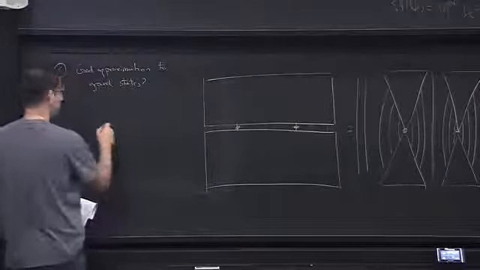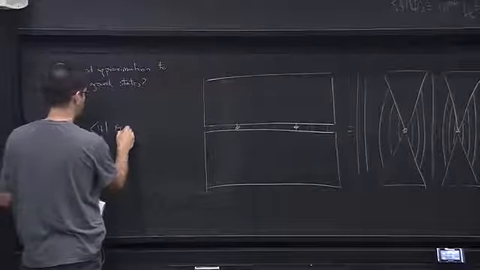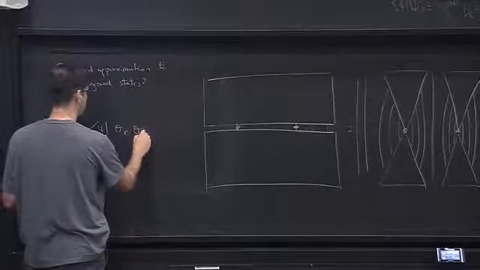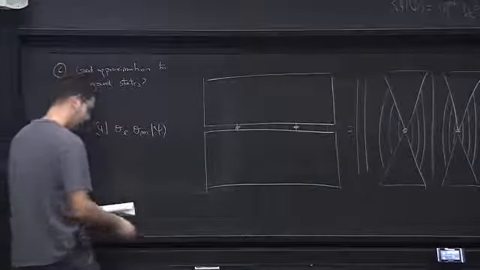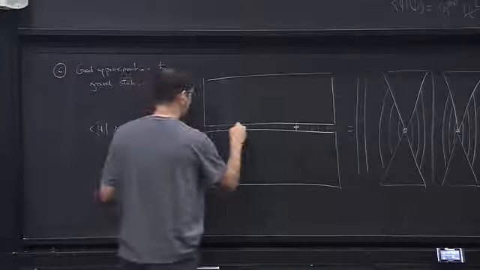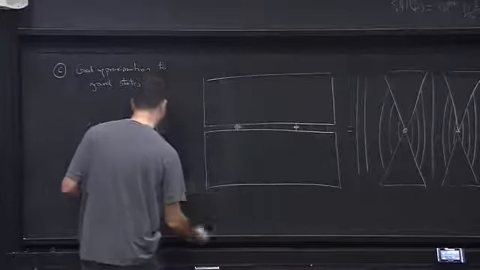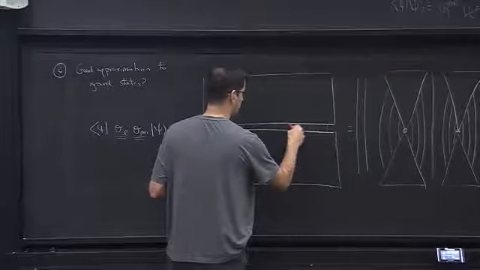So what I want to do here is to compute an observable on some site L, an observable on some site M, okay? And this one is going to be this one, and this one is going to be this one, okay?